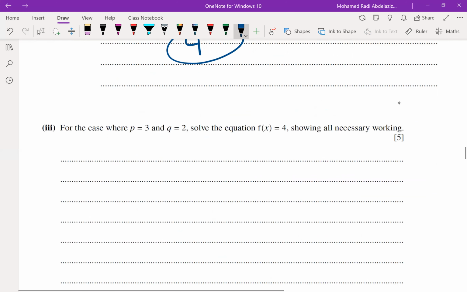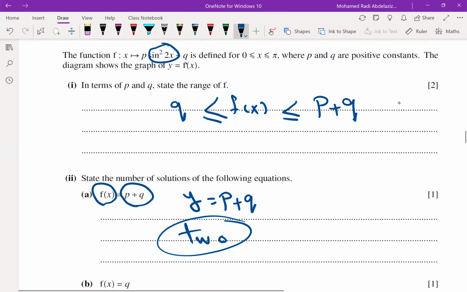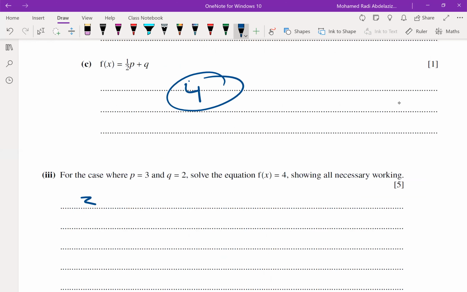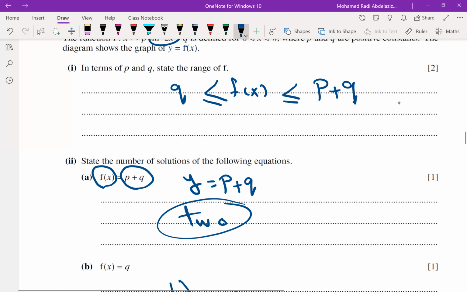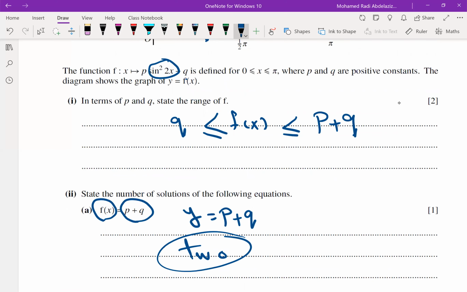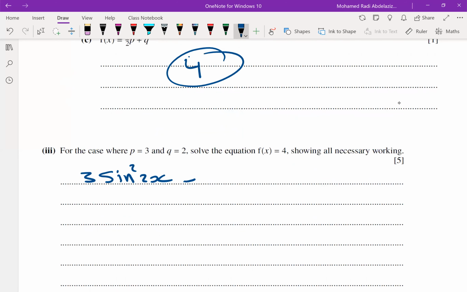Part 3, when p is equal to 3 and q is equal to 2, we have 3 sine squared 2x plus 2, and the function f of x is equal to 4. How to solve this equation?